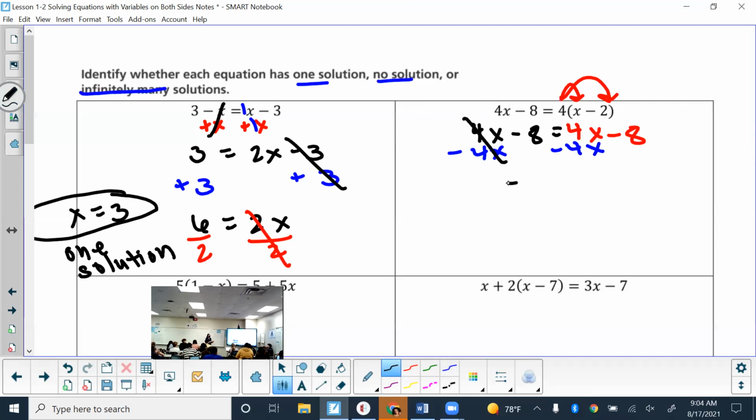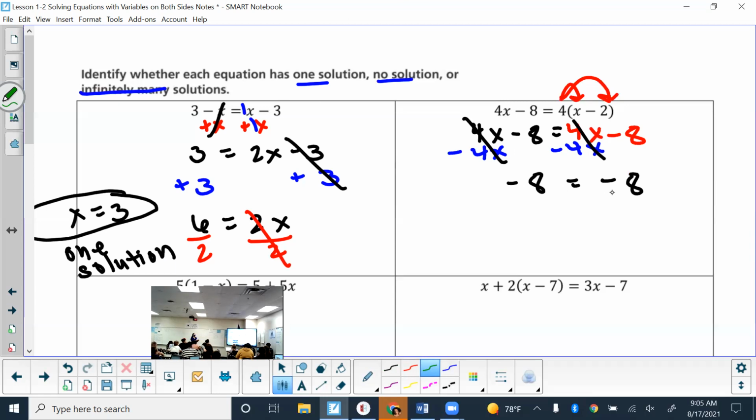Good, so on the left side, I just have -8. On the right side, what happens to the 4x? Cancel again, and then that equals -8. So look at the statement that you have here, because equations are statements. We're saying that -8 equals -8. Is that true or false?